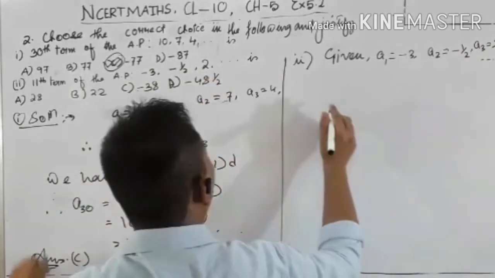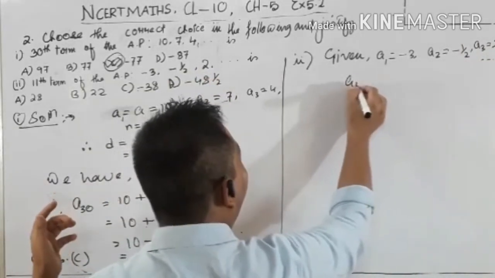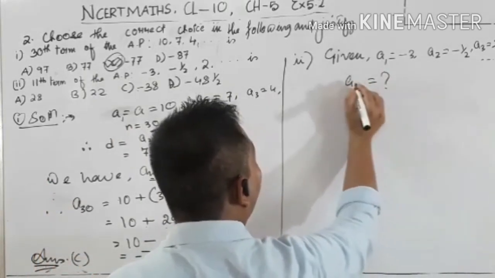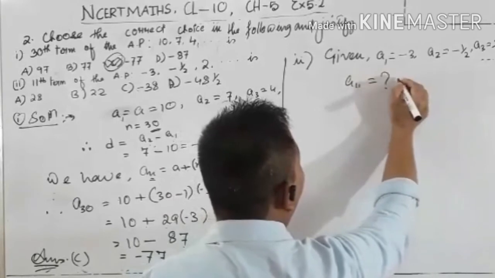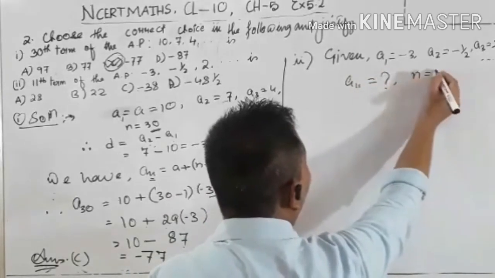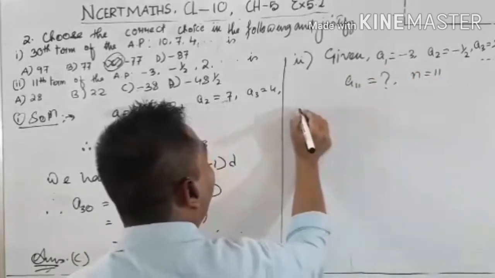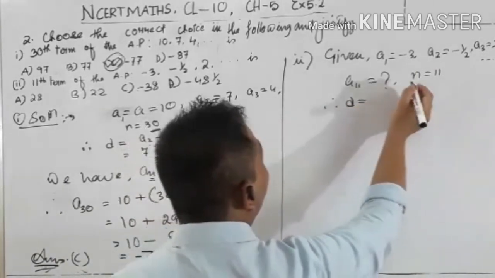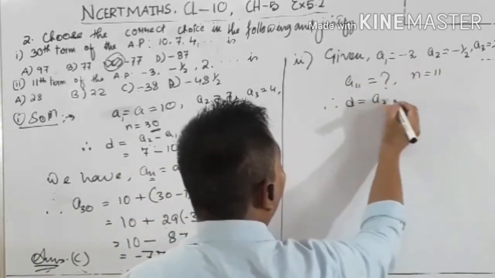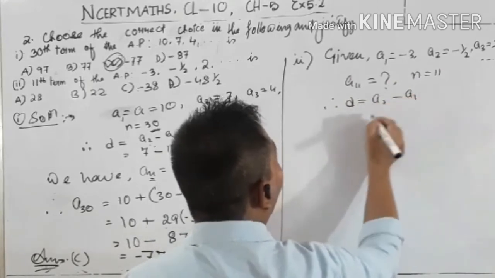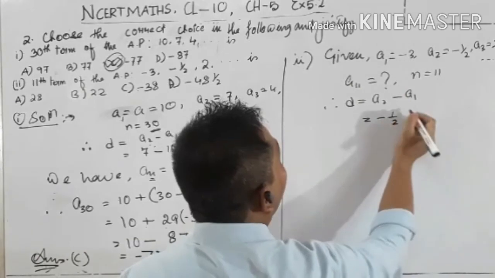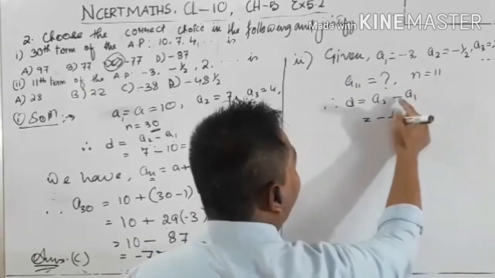So here, what is given? We have to find the 11th term, right? A11. If it is the 11th term, that means N will be 11, right? Therefore, common difference D equals A2 minus A1, right? Now you substitute the value. A2 equals minus half, and then this minus will come.